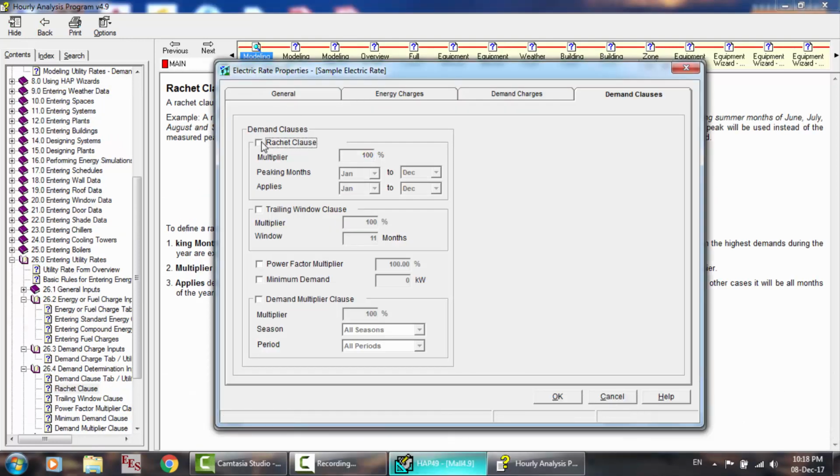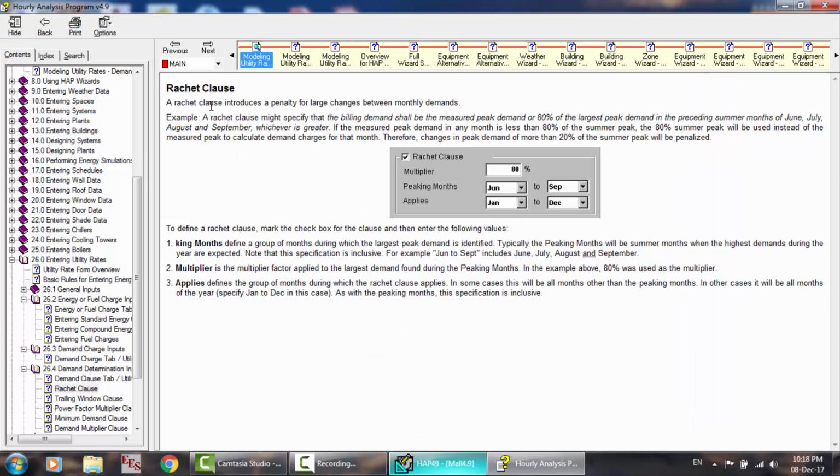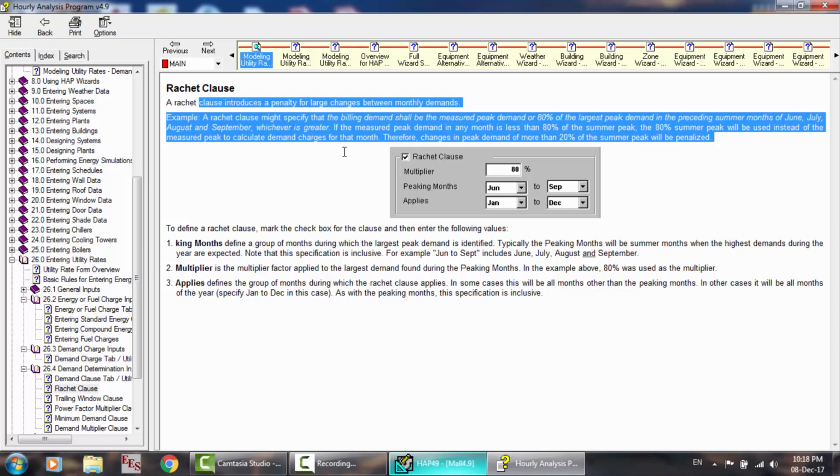Okay, so now we have another option for demand clauses. You can use them. So for demand clauses, a ratchet clause introduces a penalty for large changes between monthly demands. For example, a ratchet clause might specify that the billing demand shall be the measured peak demand or 80% of the largest peak demand in the preceding summer months of June, July, August, and September, whichever is greater.